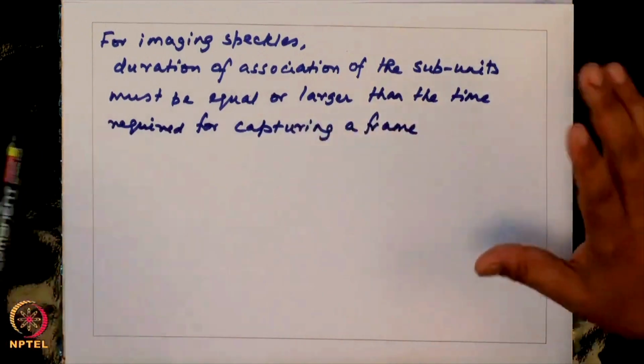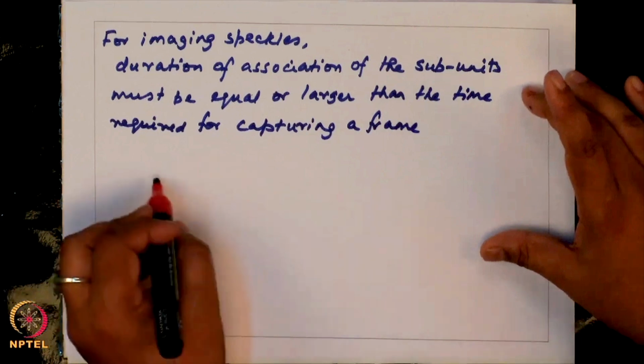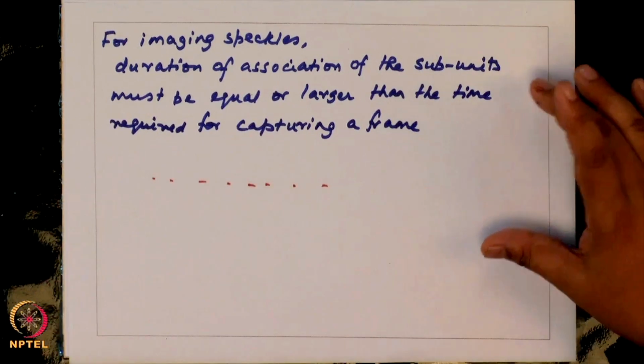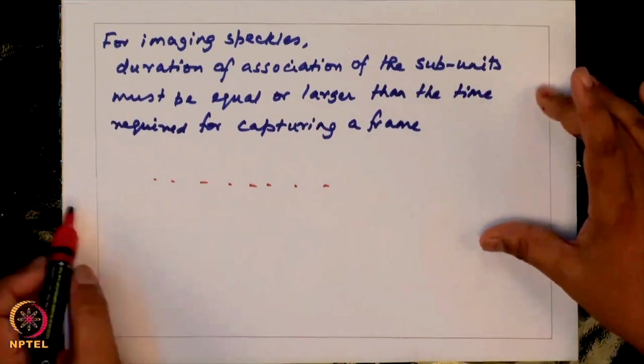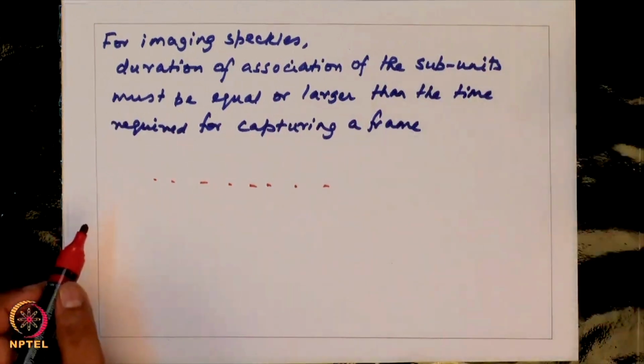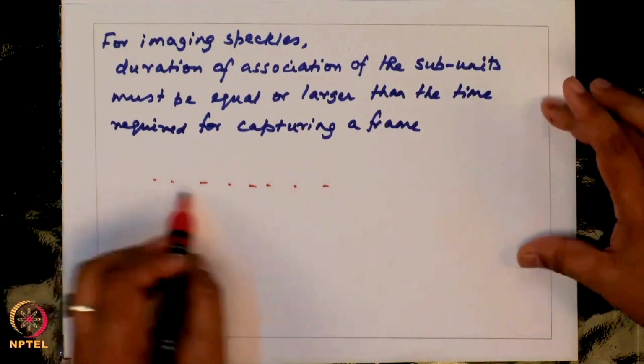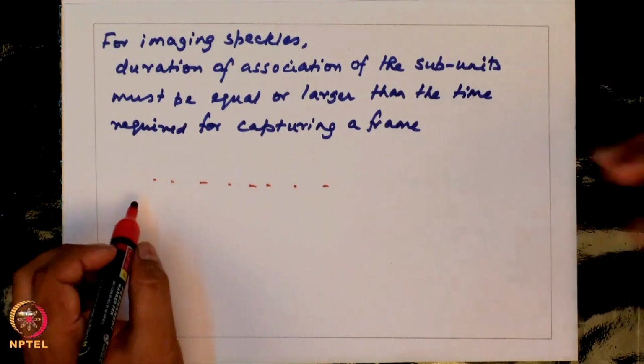So, what is the advantage of fluorescent speckle microscopy? I have drawn this particular filament, it might be an actin filament or a microtubule filament, and I have intentionally drawn dots of various sizes, because the size of these speckles will vary, because this association is completely random.